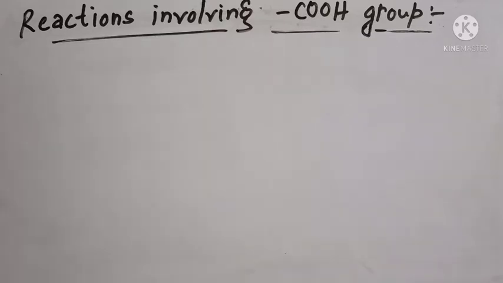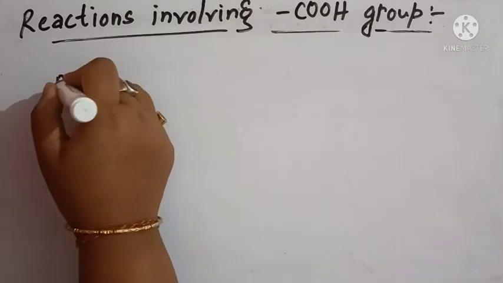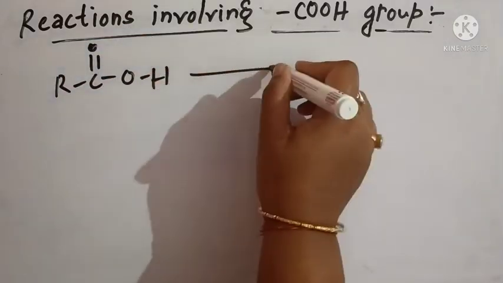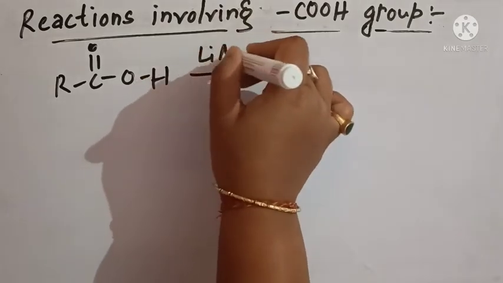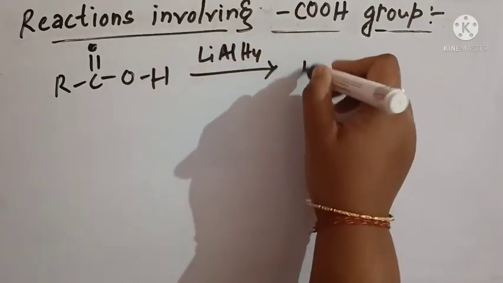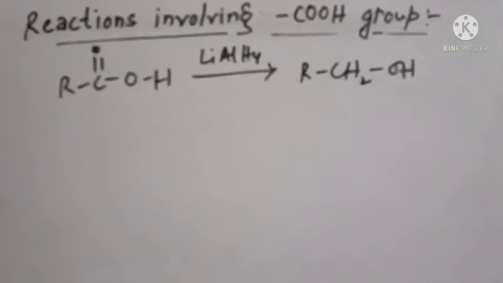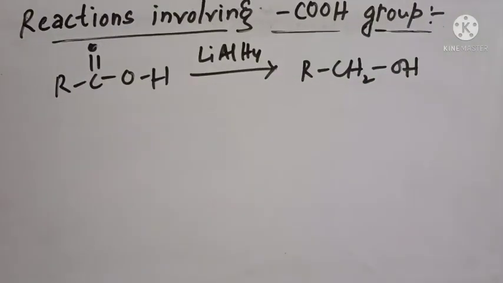As we know, the carboxylic acid on reduction with a strong reducing agent like LiAlH4 will give the corresponding primary alcohol, RCH2OH. Similarly, there are other reducing agents.